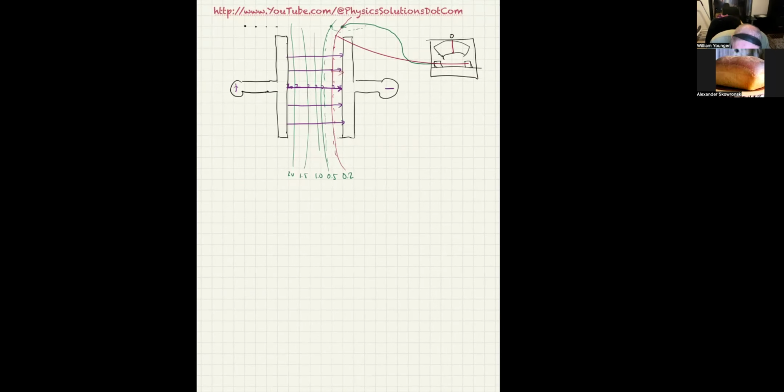When you get to the edge, it's going to start to do a little bit like this and maybe even a little more like this. But that's what you get to do in this lab: you get to determine those electric field lines from the green and red lines that we found by finding the places where the voltage was, or where the current was, zero. Does that make sense?